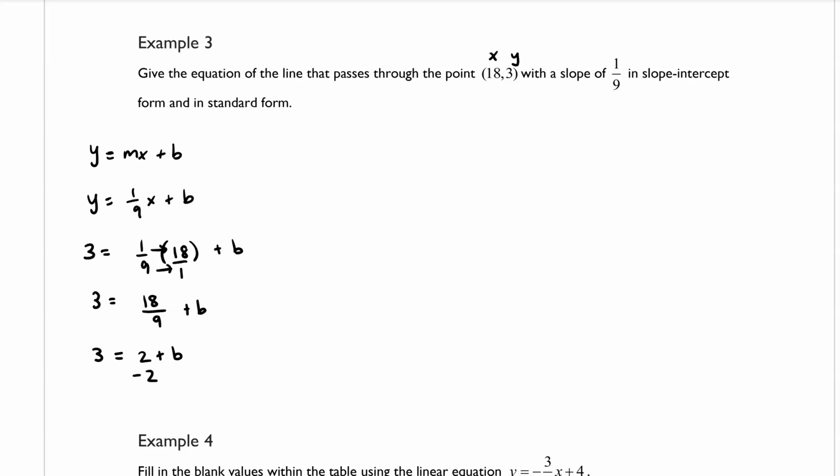I can subtract 2 from both sides, and I would get 1 is equal to b. So that can be replaced here. So let's go ahead and plug that in. So our equation in slope-intercept form would be y = 1/9 x + 1.